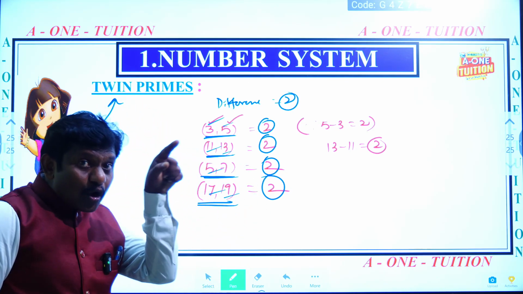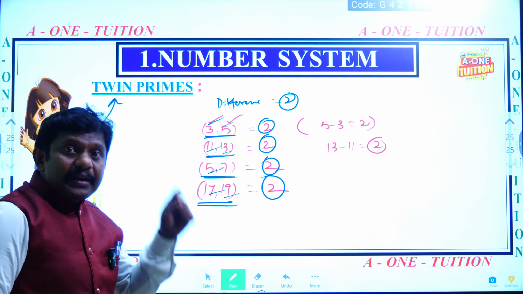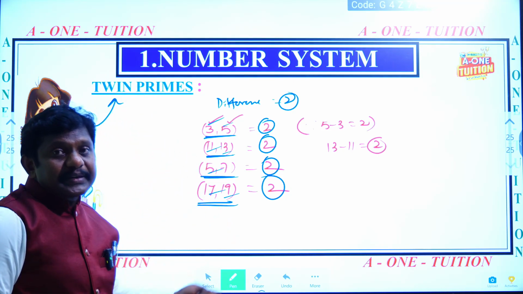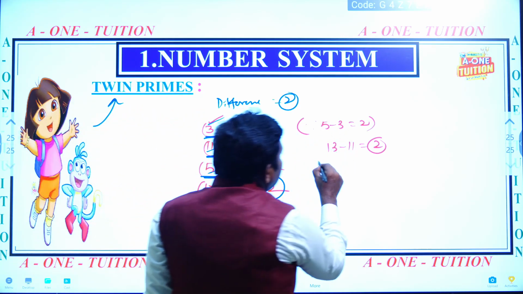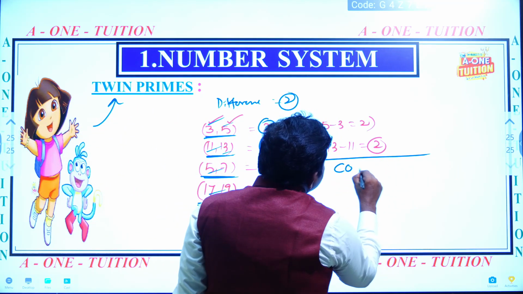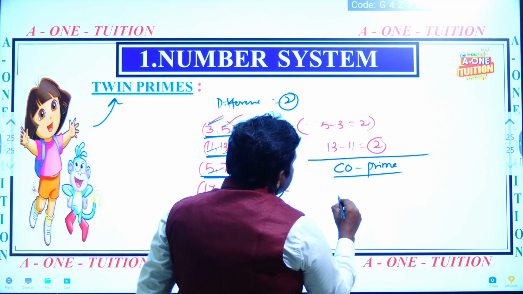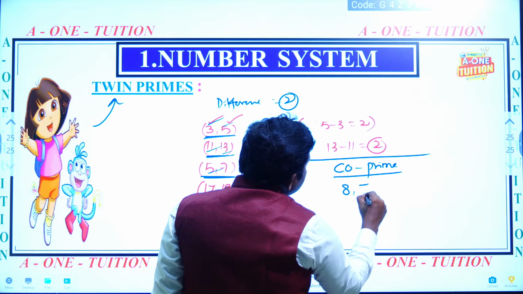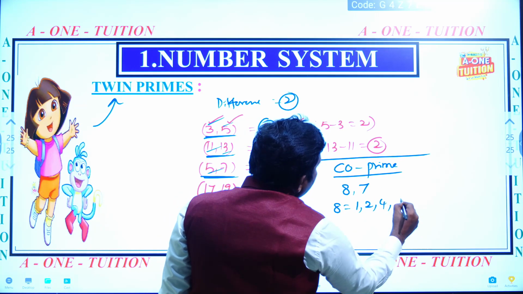But in co-primes, the given numbers may or may not be prime. For the co-primes concept, let me take 8 and 7. What are the factors of 8? 1, 2, 4, 8.